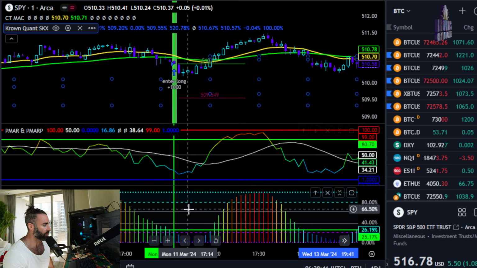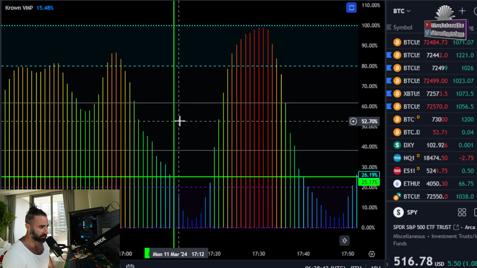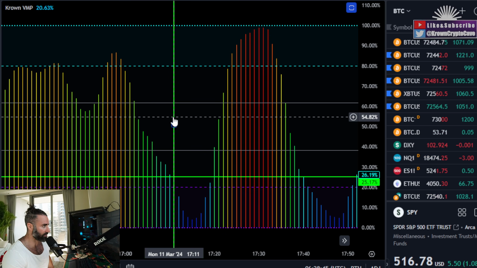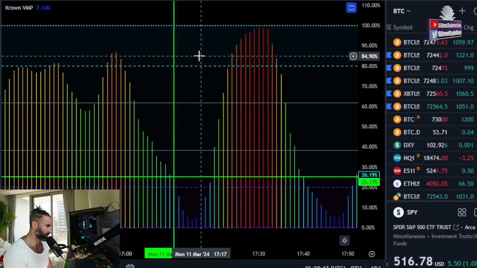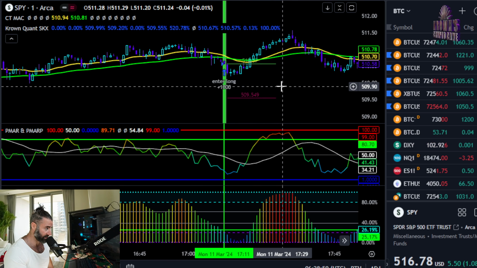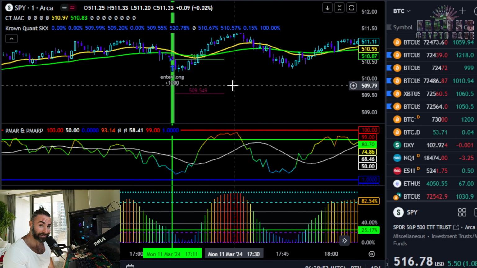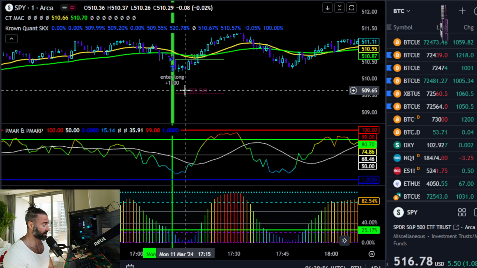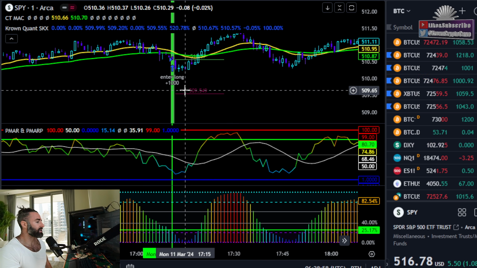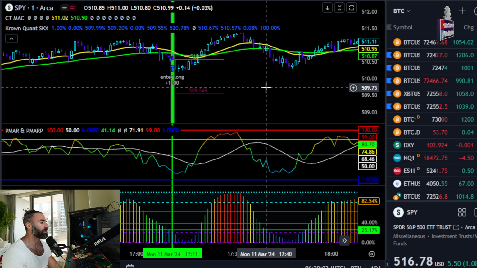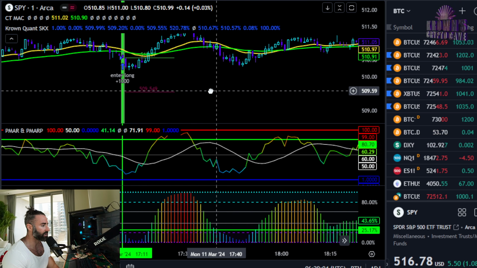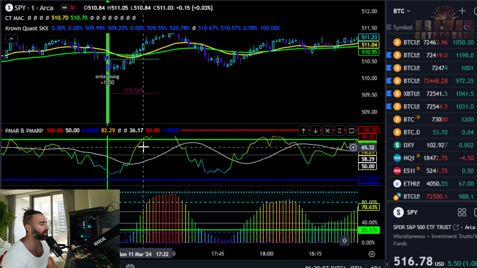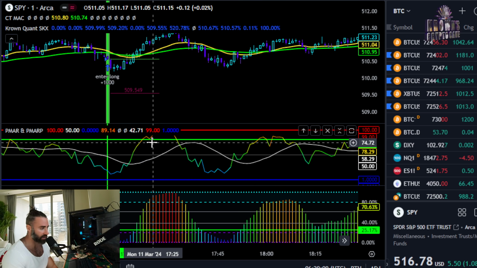Okay, less than or equal to 25. In this case, it was about 20 right there. As you can see, again, top left-hand corner is the actual nominal value, which was 20.63. So that was our entry right there. And then, again, if it does not hit our stop loss, which is all the way down here at almost 1/4% or 1/5% from that entry, then we just wait for the PMARP to hit the take profit.